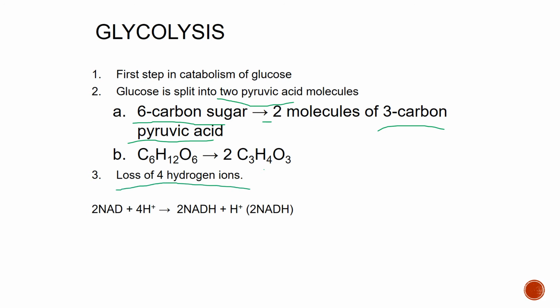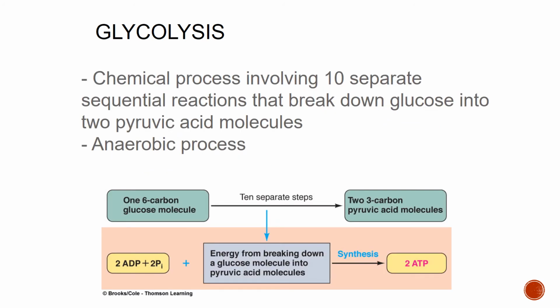NAD is going to be one of the reactants that will help in glycolysis. There are going to be 10 different reactions that occur to break down into these 2 pyruvic acid molecules. Since oxygen is not needed, this is considered an anaerobic process.